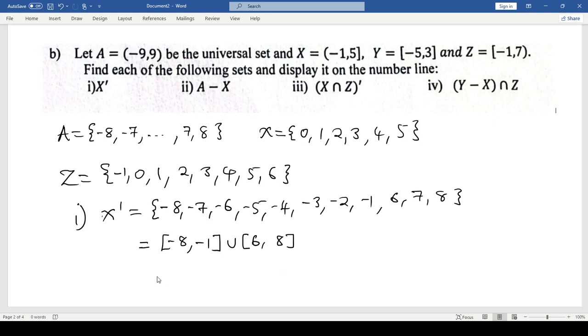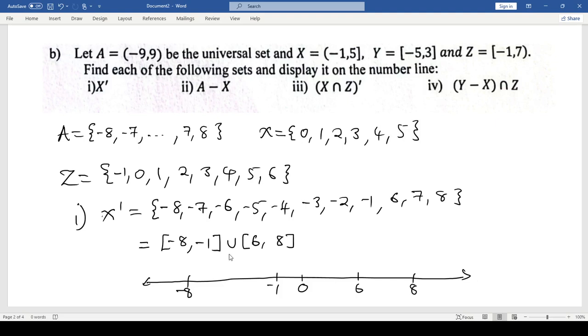If we were to put this on the number line, we can just draw a number line like this. I won't put all the numbers on the number line, but I'll just write down the necessary numbers. Since it's just a sketch of the number line, we have a 0 here, then let's say our 6, our 8, then negative 1 and negative 8.